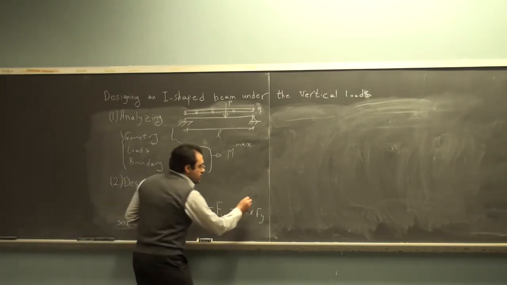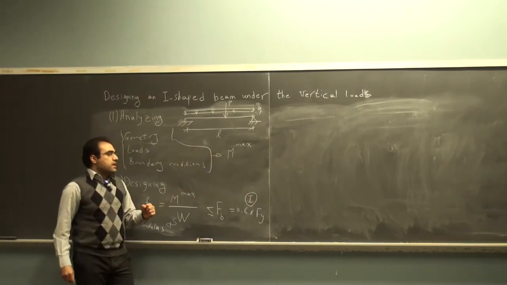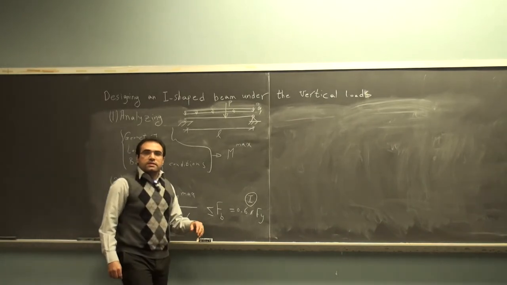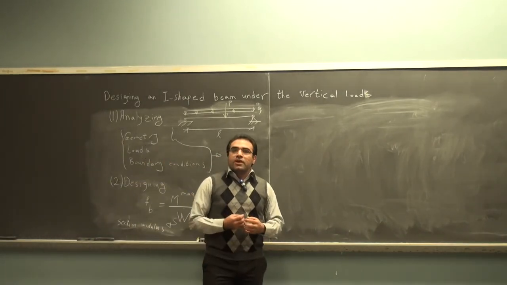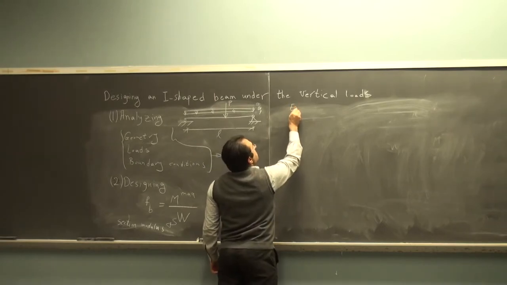I call this equation equation 1 because later on we will use it to design an example. So now let's solve an example together to understand the process better. So here is an example.